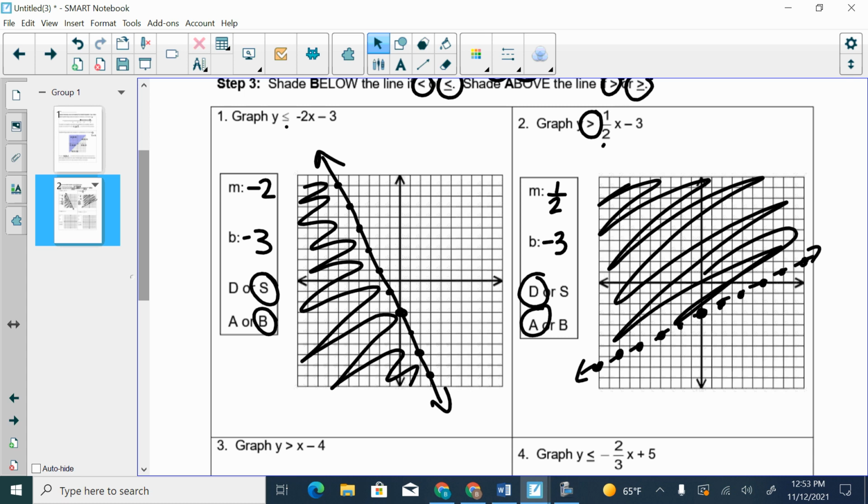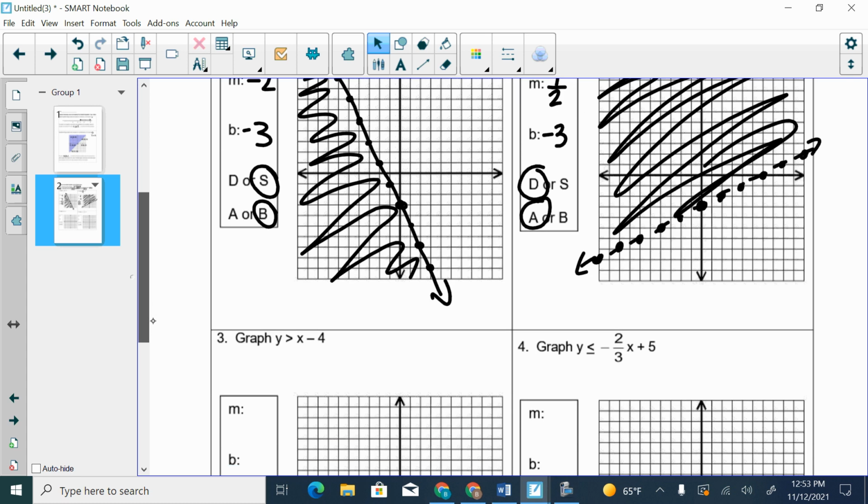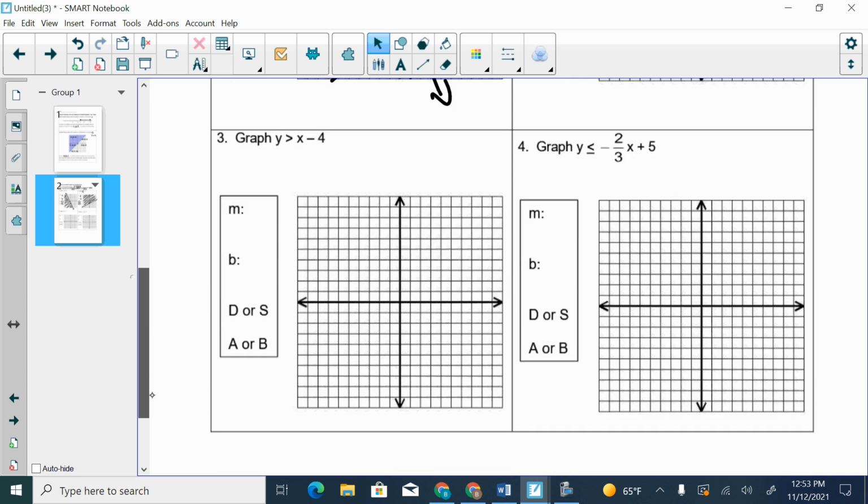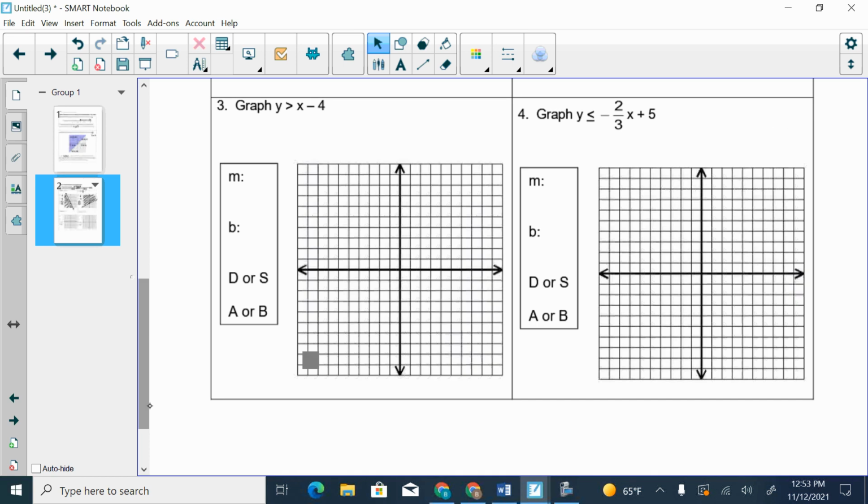Okay. All right, number 3, is that one in y equals mx plus b form? Yes, so we're good there. What's our m? Nice. And what's our b? Good. Okay, looking at that inequality, are we dotted or solid? Good. And are we shading above or below? Nice. So b tells us where to start. So I'm going to start at, good.